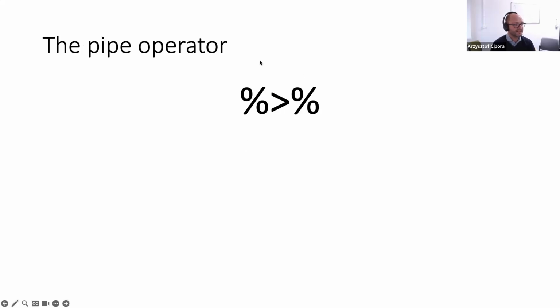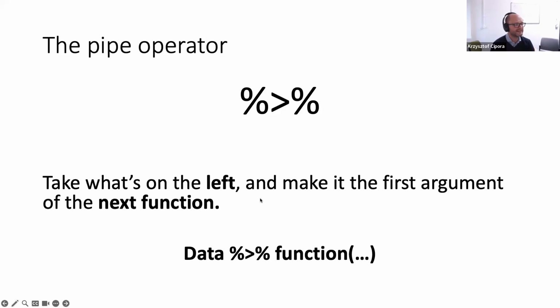So that's another thing that is worth learning, which is, I would say, more beneficial to human cognition than to R itself. It's called the pipe operator, which takes what is on the left and makes it the first argument of the next function.